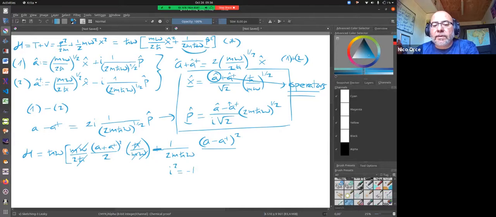Here, this is a negative sign. And the square root of 2 will become 2, and the 2M h bar omega will just become 2M h bar omega.